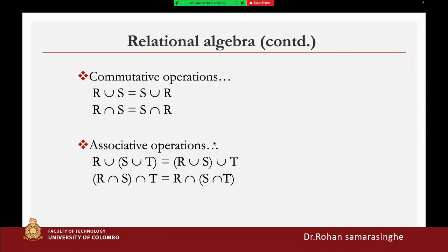Associative operations are R union S union T equals R union within brackets S union T, and within brackets R intersect S close the bracket intersect T equals R intersect within brackets S intersect T. This is called the associative operations.